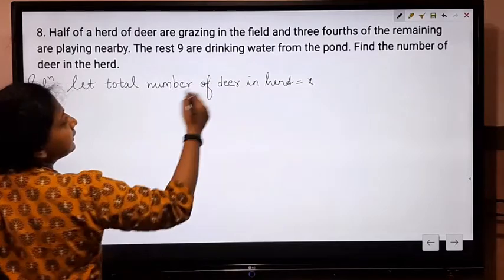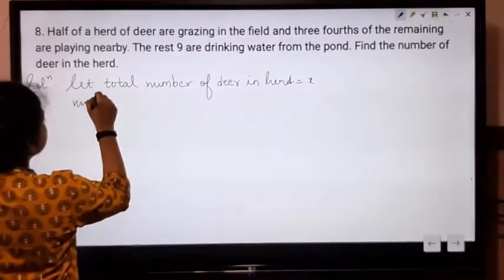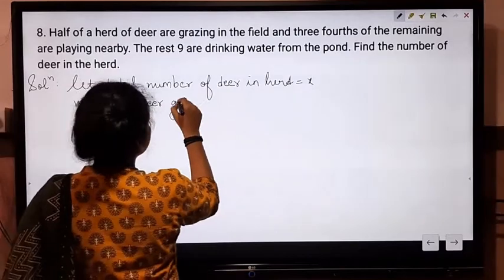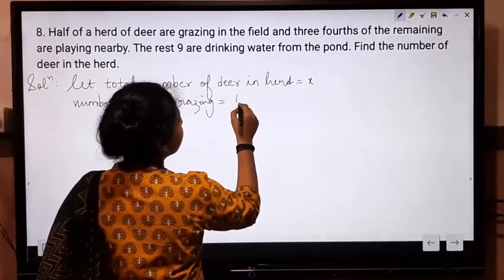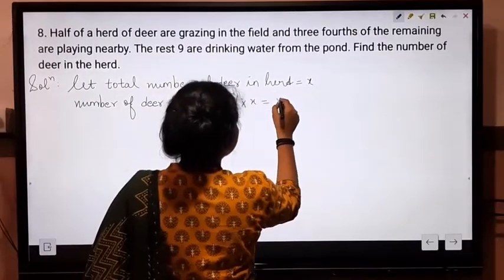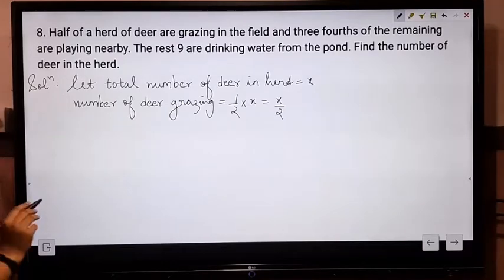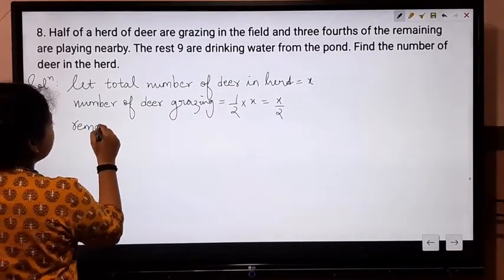Half among them are grazing in the field. What is half of x? x by 2. So the number of deer grazing equals half of x, which means x by 2. Then 3/4 of the remaining. We need to find 3/4 of the remaining. So first of all, how many are remaining?